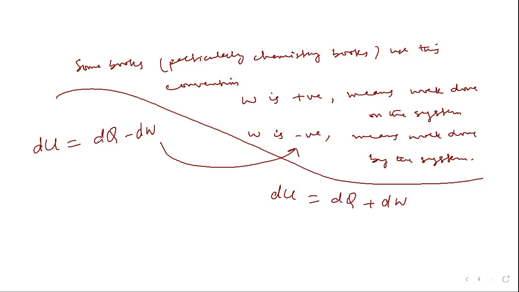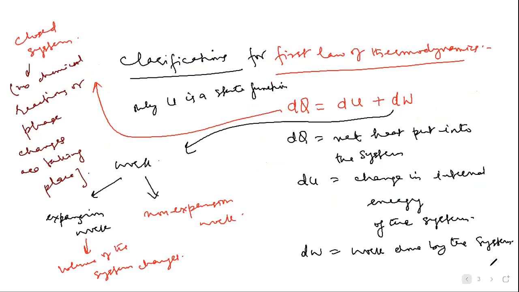So whenever you use first law, you need to keep track of these sign conventions, which is very important, and need to remember when we are applying first law of thermodynamics, work can be expansion work, it can be non-expansion work, and similarly, we are considering some closed system, and in that closed system, it is assumed that no chemical reactions or phase changes are taking place, right?